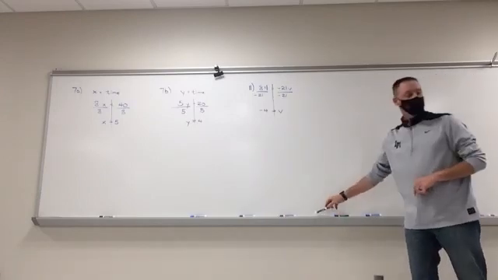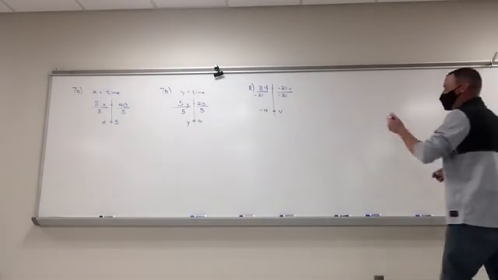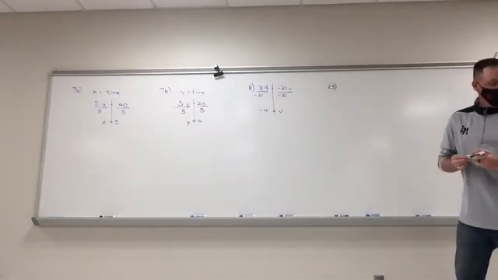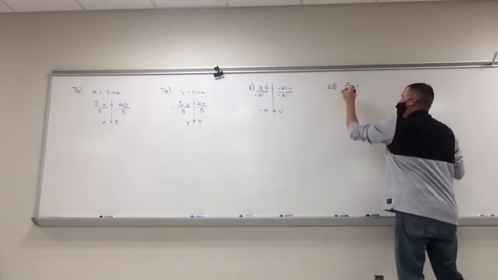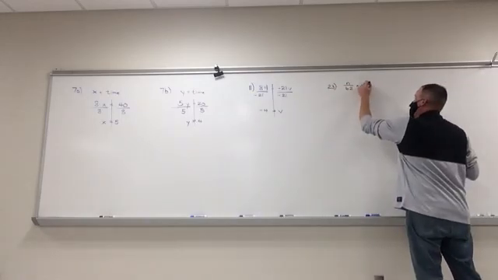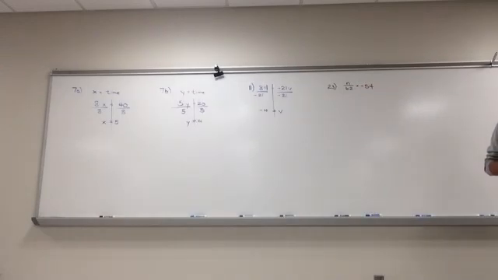Okay, Quentin. 23. So in problem number 23, we have that n divided by 62 is equal to a negative 54. Alright, Jacinthia, what is the operation happening to your variable?